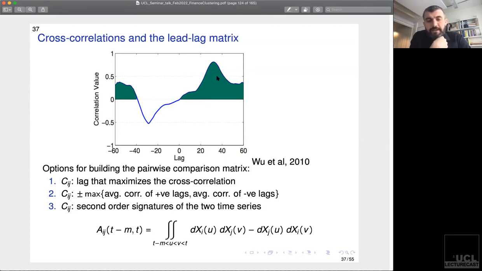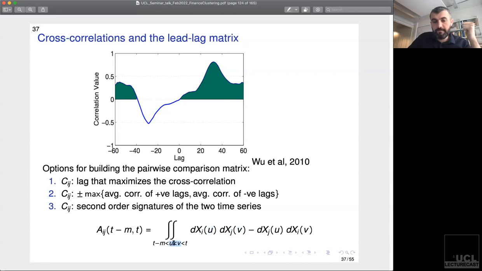In a nutshell, this is the way you parse this equation. I and J are stocks, t is time, let's say the current day, and M is your look-back window, let's say 60 days' worth of data, and X is your return. Think of this double summation as being high when a move by Apple in a certain direction is followed by a move by Google at any later time v, where v is after u.